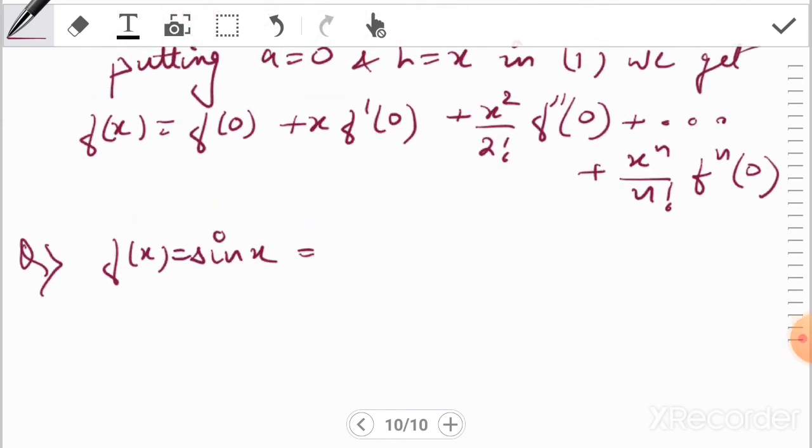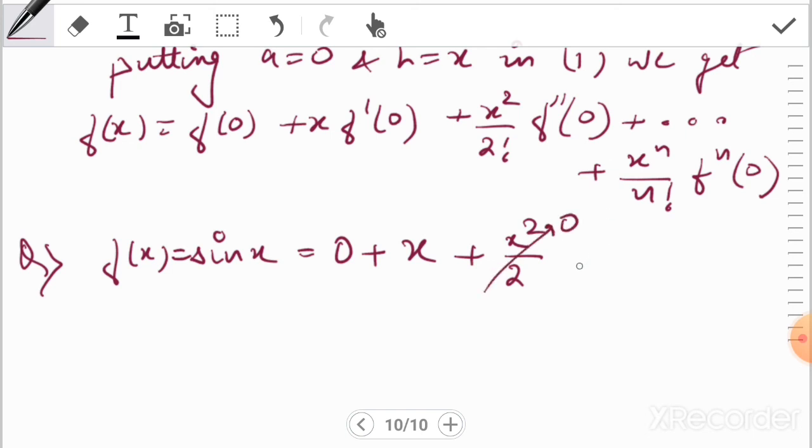So by using Maclaurin series, put x is equal to 0 here, so f of 0, sin 0, is 0, plus x f dash 0, which is cos 0, which is 1, so x, then plus x square by 2 factorial f double dash 0. f dash is cos x, and again differentiating we get minus sin x, and minus sin 0 is again 0, so this term is 0.